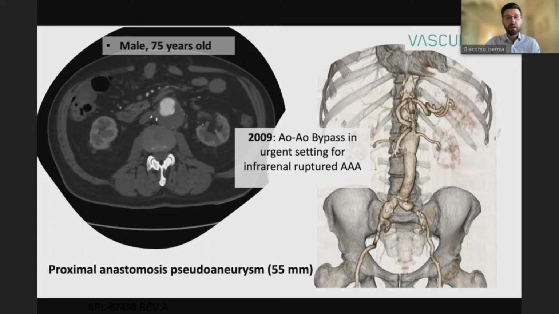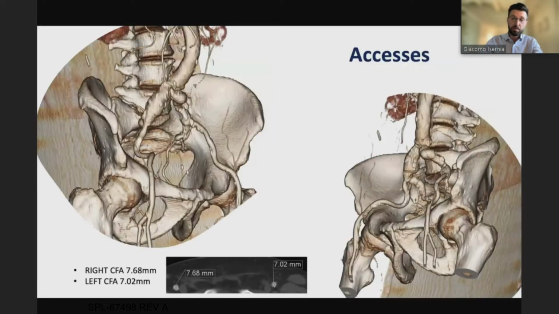It's a male, 75 years old, with a previous aortic bypass in an urgent setting for an infrarenal rupture AAA. And the patient now was referred to our institution for a proximal anastomosis pseudoaneurysm, 55 millimeter in maximum diameter. Speaking about the vascular access in terms of common femoral artery and external iliac artery are quite healthy and huge.